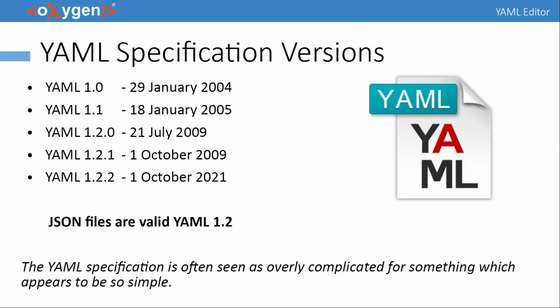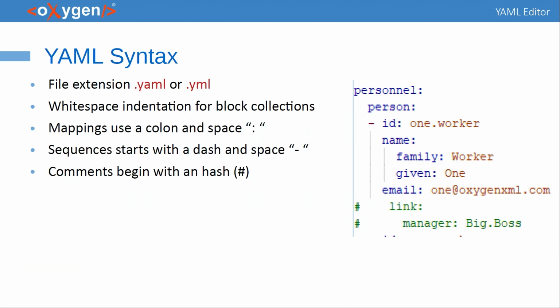Actually, JSON files can be considered valid YAML 1.2 files. Files that we edit in Oxygen have the extension YAML or YML.